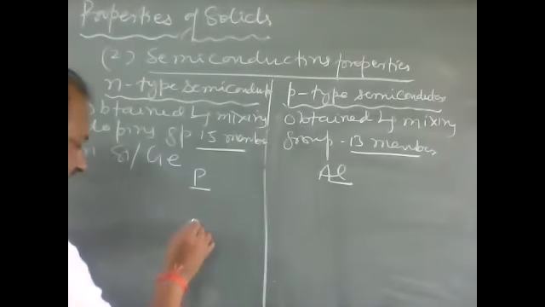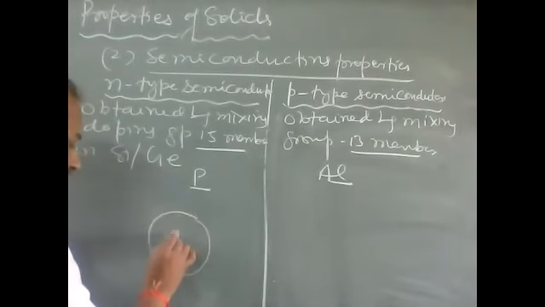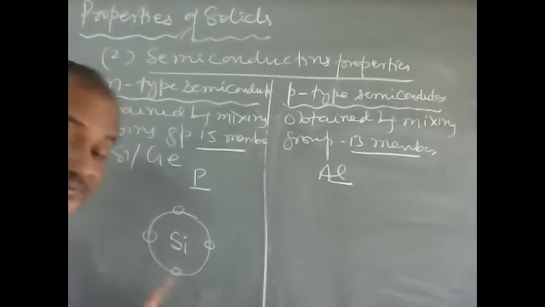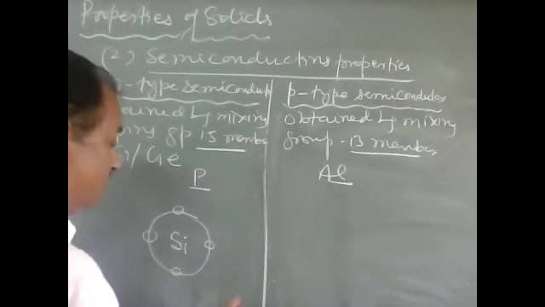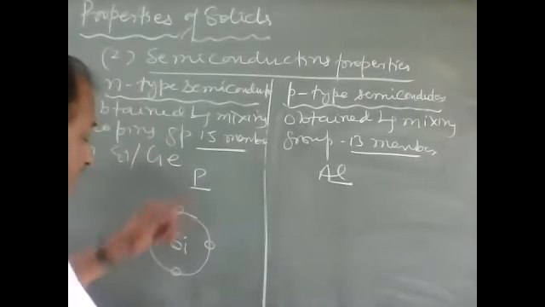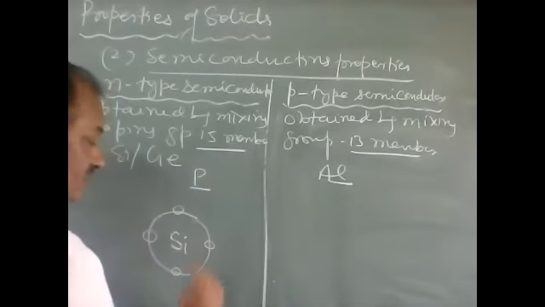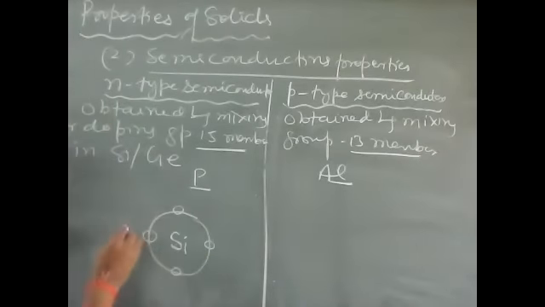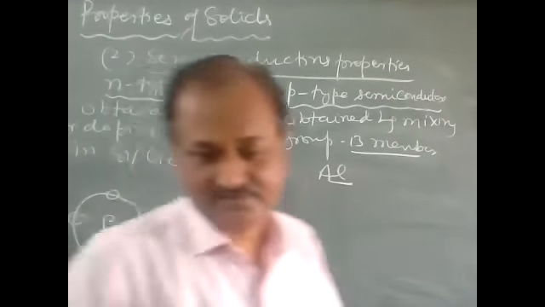In normal condition, here see children, there is silicon, and silicon, you know, has atomic number 14 and 4 electrons in the outermost orbit. There is joining with phosphorus, group 15. Here there is phosphorus. See, with phosphorus, one electron is extra.